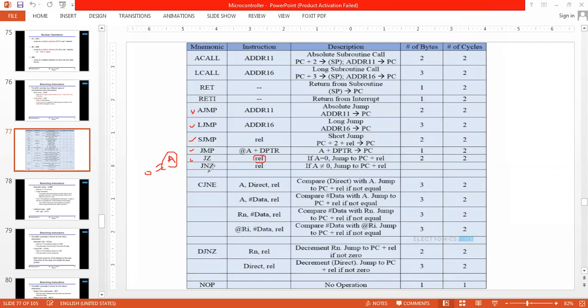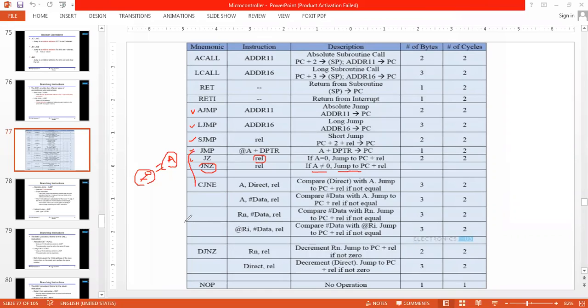And jump if not 0, JNZ. It means if A has any value inside it, it should not be 0. So if A is not equal to 0, then the jump happens.